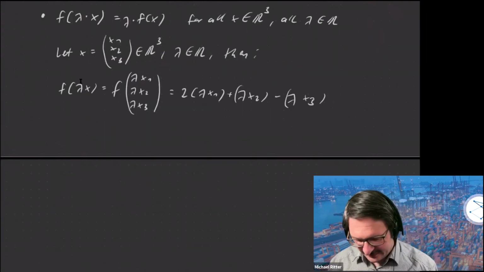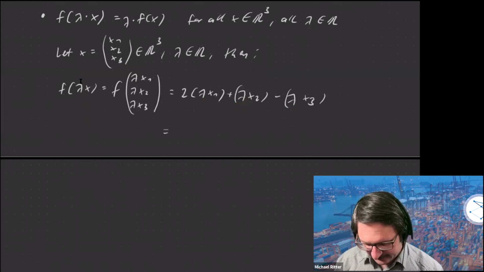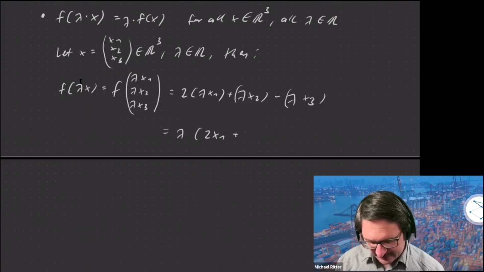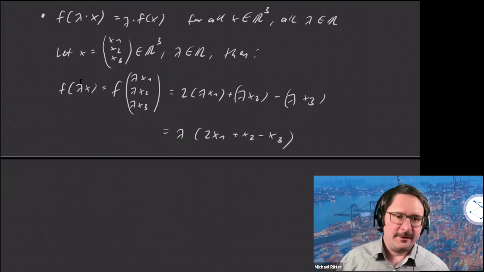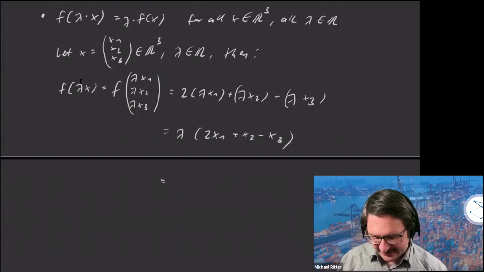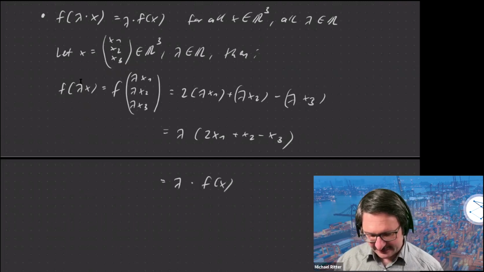You can easily see there's a lambda in all of these terms, so we can factor out lambda. That yields lambda times 2x1 plus x2 minus x3. And if you look at that closely, you can see that is the same as lambda times f of x.